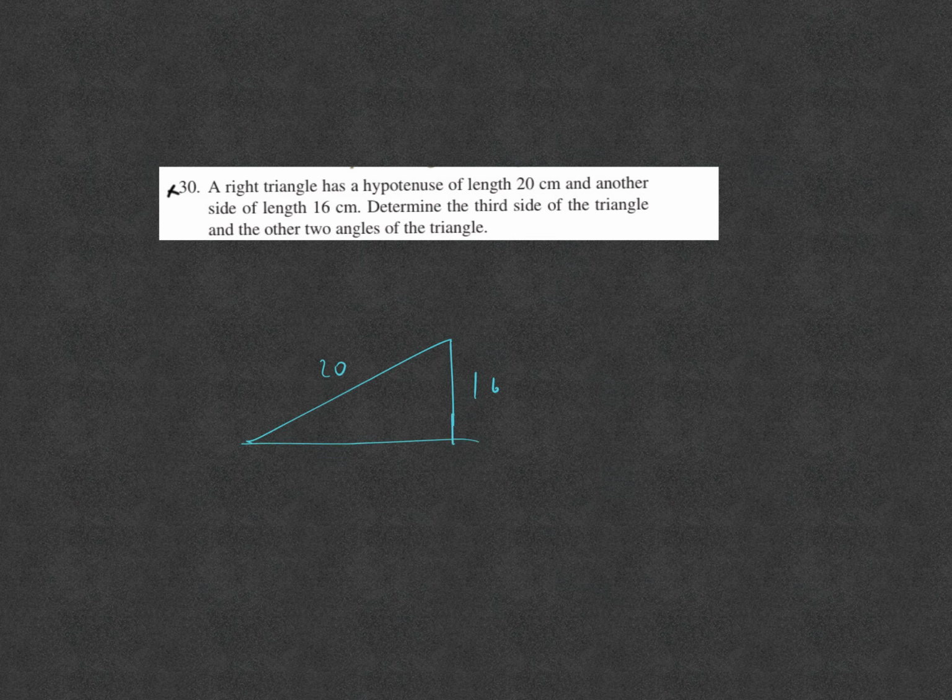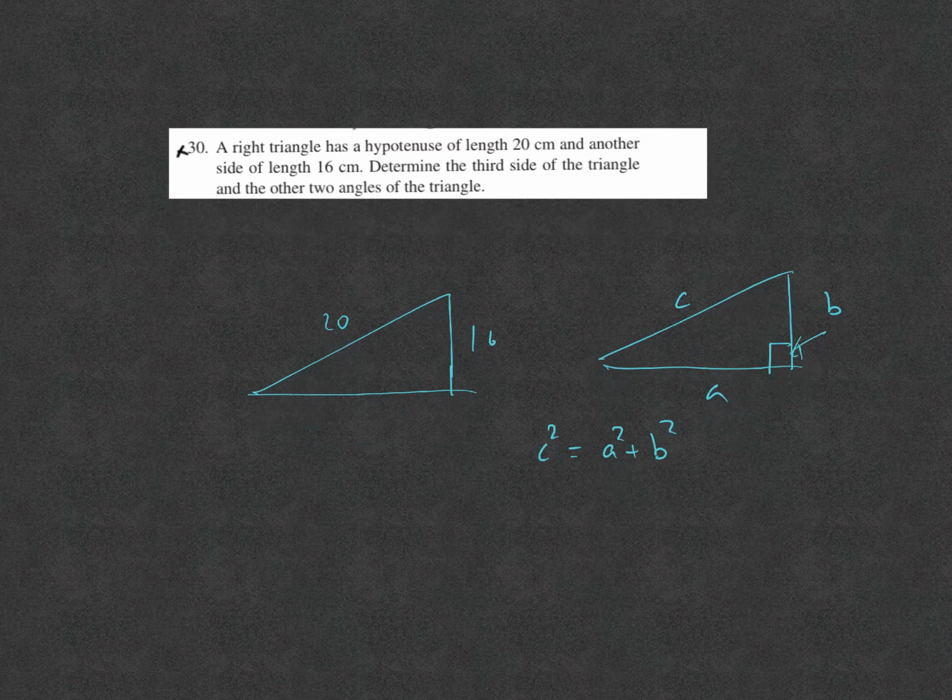Okay, this is the Pythagorean theorem. Pythagoras' theorem says that when you have a right triangle, with a 90 degree angle, and you have the hypotenuse c and the sides a and b, there is a relation between c squared and a squared and b squared. The sum of the squares of the sides equals the hypotenuse squared.